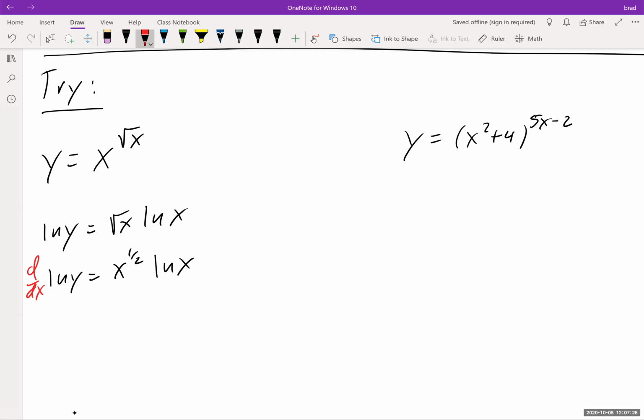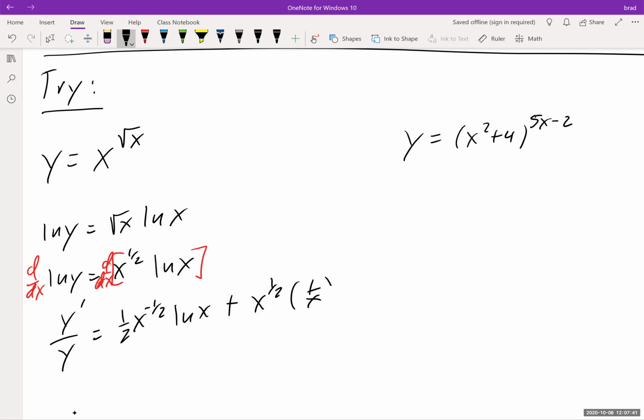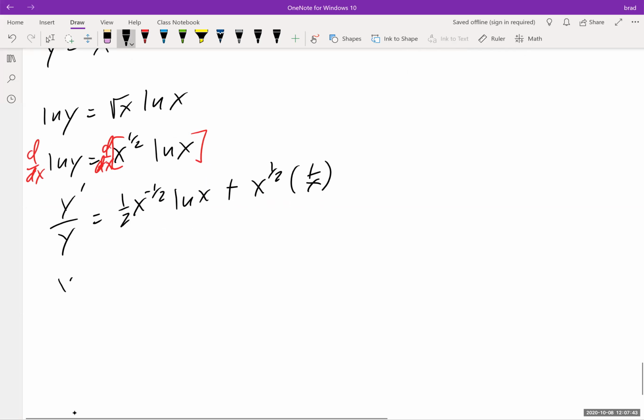Now I'm going to take d/dx of both sides once again. And this will become y prime over y equals 1/2 x to the negative 1/2 ln of x plus x to the 1/2 times 1 over x. Okay, now there's definitely some cleanup we can do here. I'm going to multiply y over to the other side.